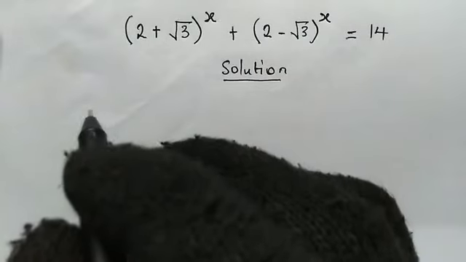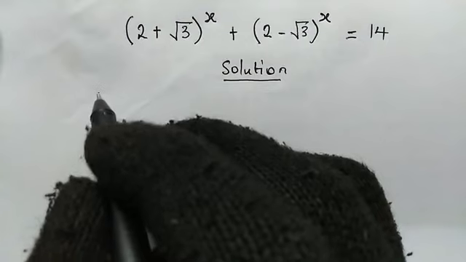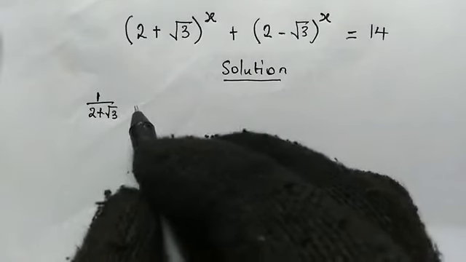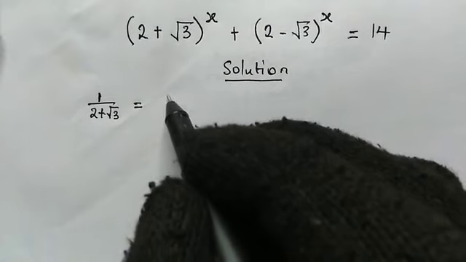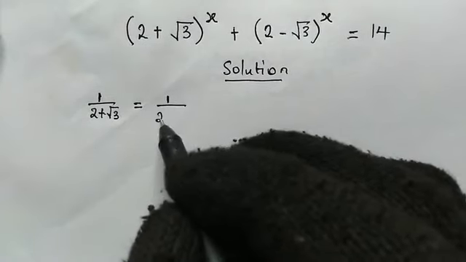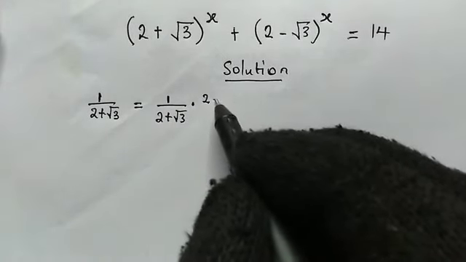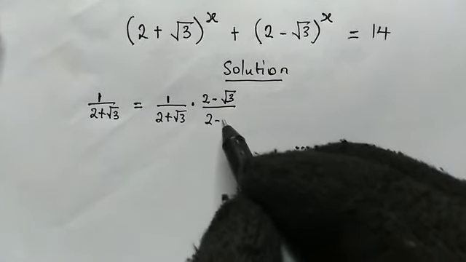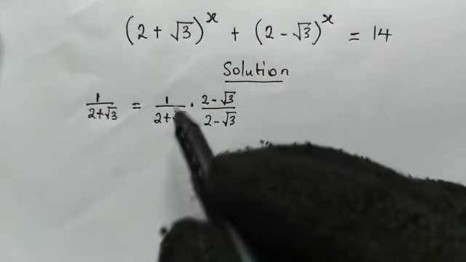Now let us take note of this, that 1 all over 2 plus root 3 is equal to, rationalizing this, 1 all over 2 plus root 3 times the conjugate form of the denominator, 2 minus root 3 divided by 2 minus root 3. This can cancel out and we're left with this.